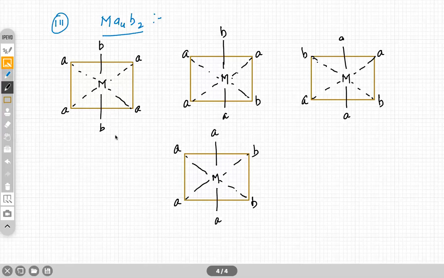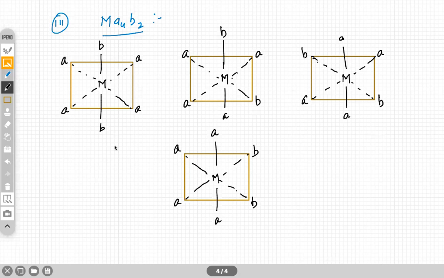Could we draw anything else here? Sir, isn't second and fourth equivalent? Okay. I'll tell you that, wait. Any other possibility you see that we can draw? Okay, no.